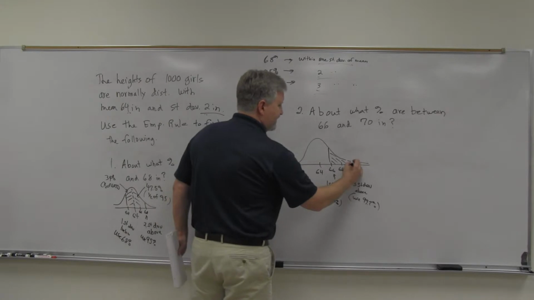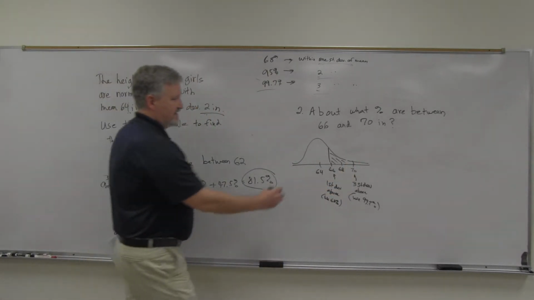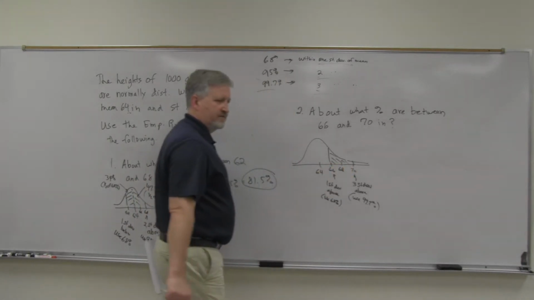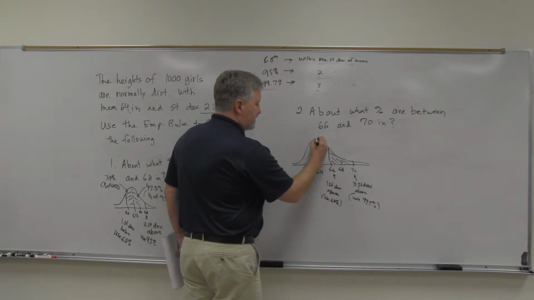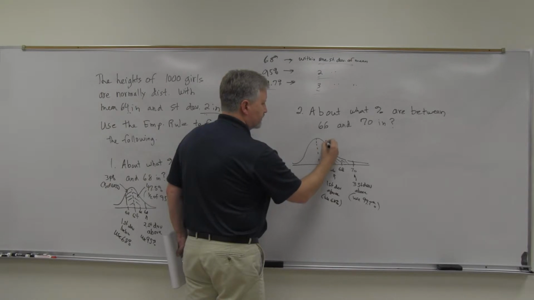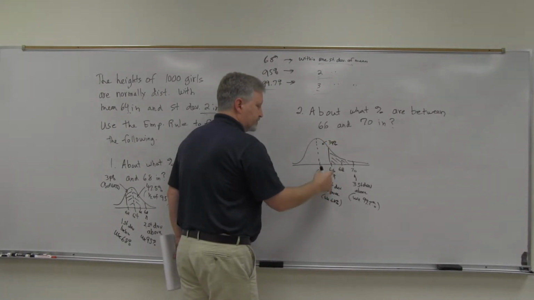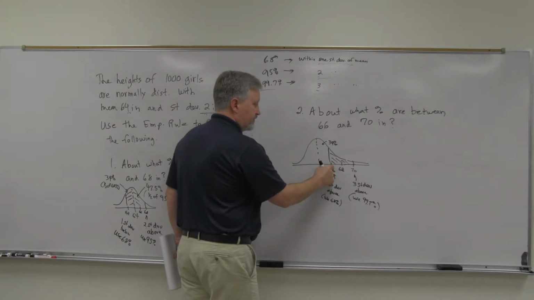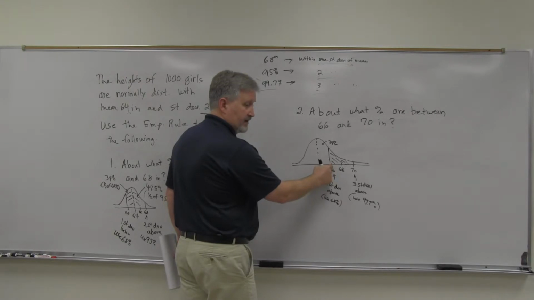Now, here's the issue. I'm using the 68% for the 66, but if I take half of the 68, that's going to give me 34% right here, between the mean and the value.